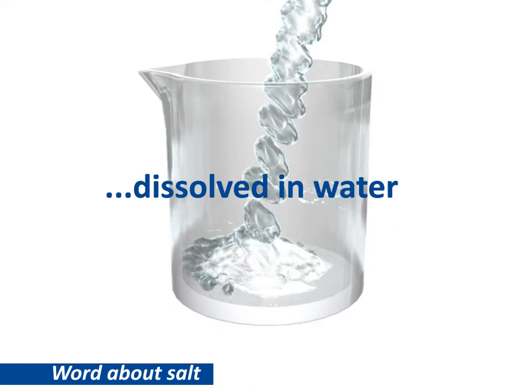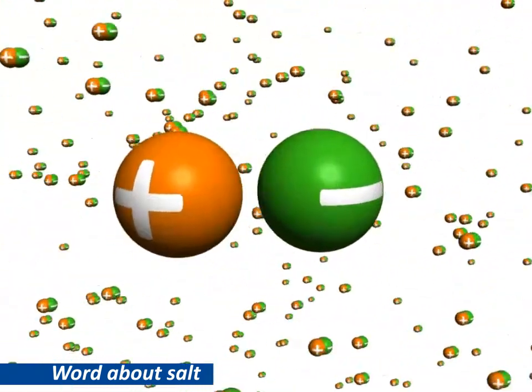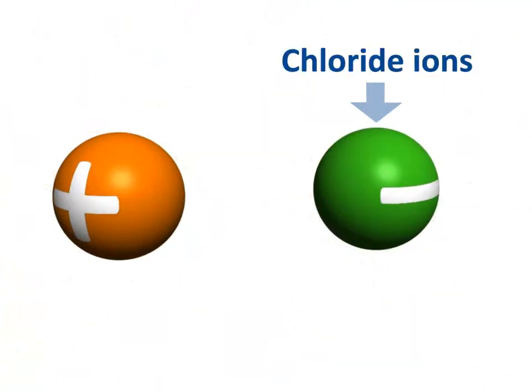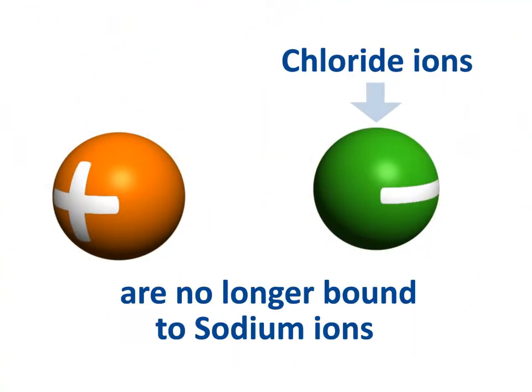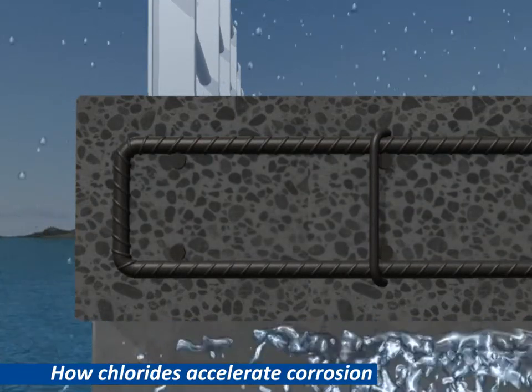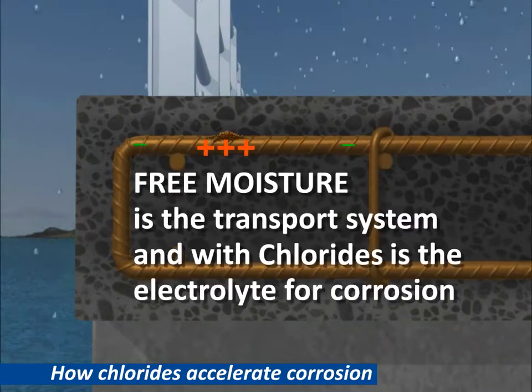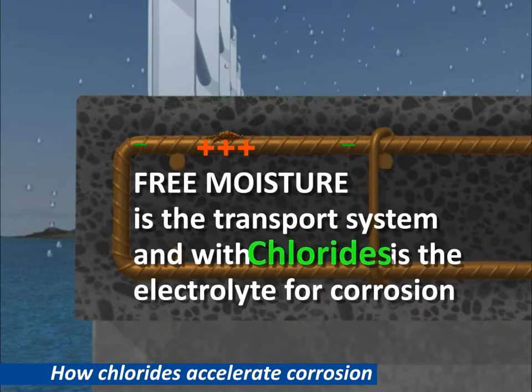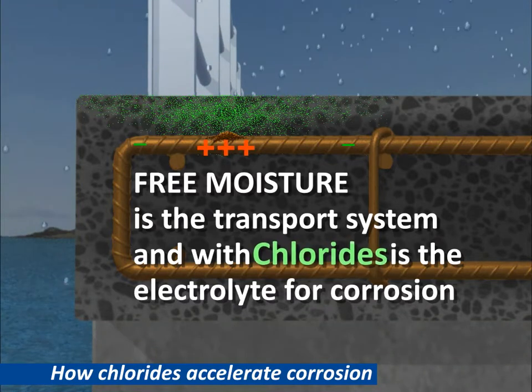But this all changes when dissolved in water. The chloride negative ions are no longer bound to the sodium ions. Let's see how that accelerates corrosion. Free moisture is the transport system, and with chlorides becomes the electrolyte for corrosion.